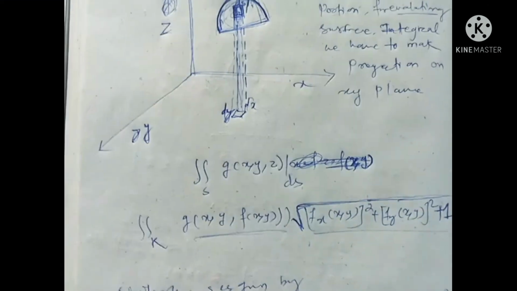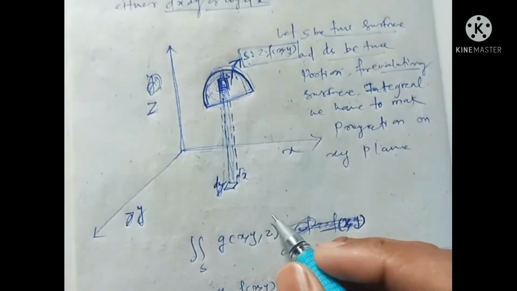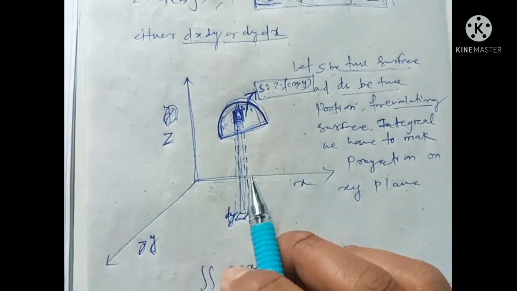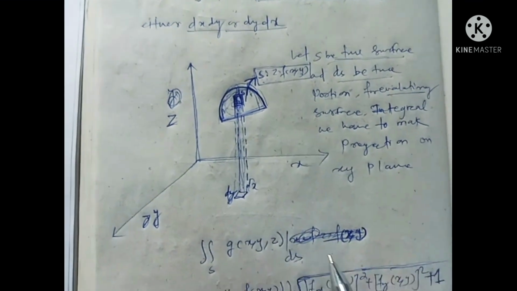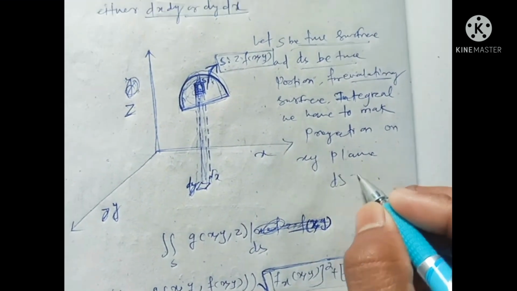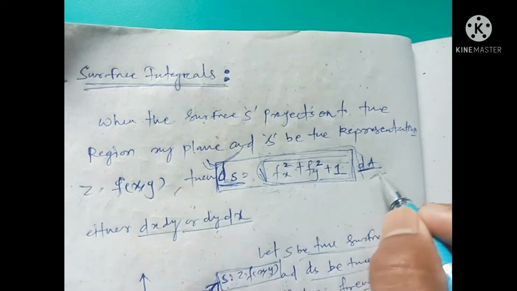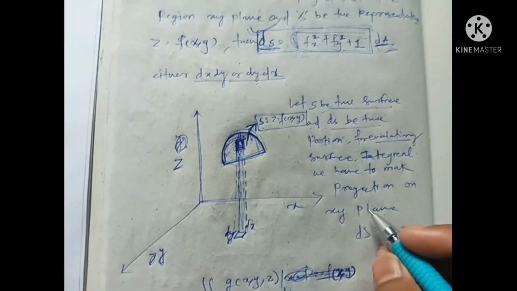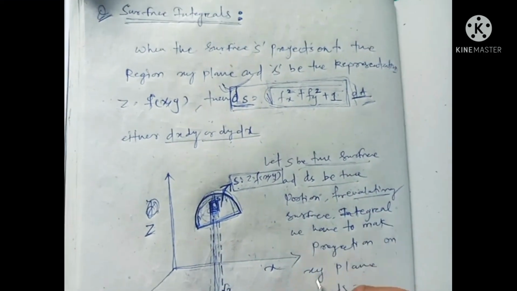After taking projections in the xy plane, dS is written with dA expressed in the order dx dy or dy dx.